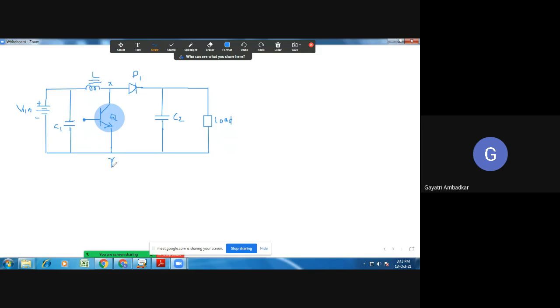Now can you tell me how it will operate? Let us consider first mode. This is what our boost converter. Boost converter. And let's say this is mode 1 of boost converter.